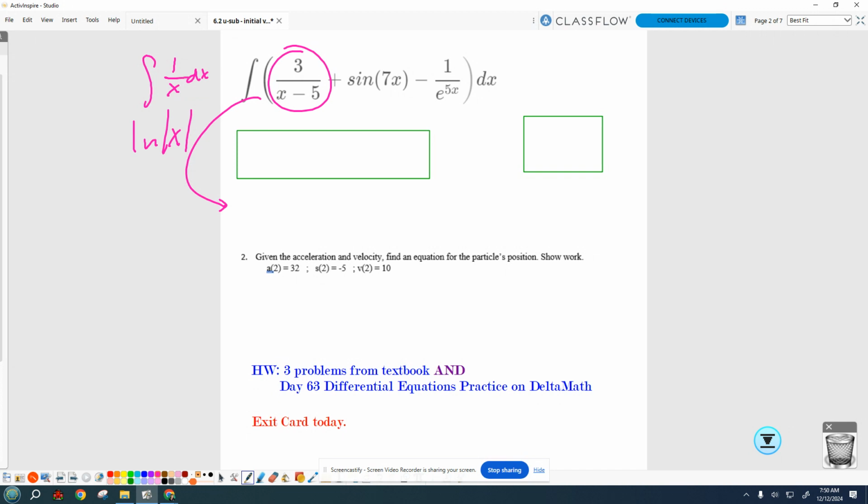If this was 1 over x plus 1, okay. Any integral of positive sine 7x? Positive or negative? Or negative.